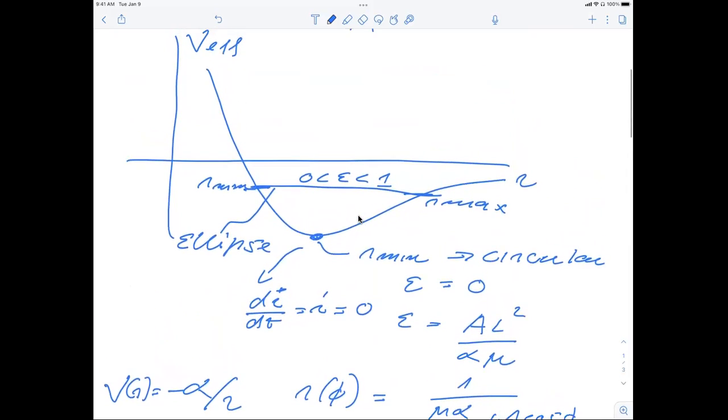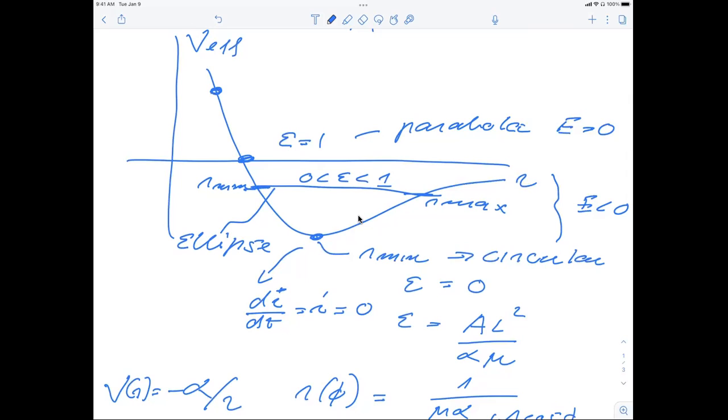And then we could define a new R min here. In this specific case, we have epsilon equal to 1, and that gave us a parabola, and the total energy was equal to 0. So that's the sum of kinetic energy and potential energy. In the elliptical cases, we had an energy less than 0, and then we could have an R min here, which means that the two objects are getting very close.